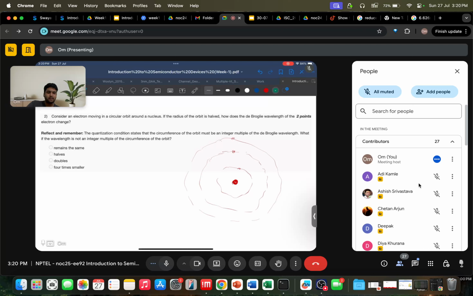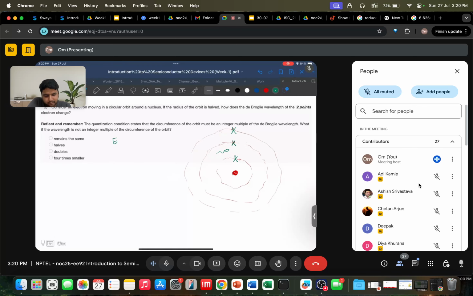It cannot exist somewhere in between. The energy levels occupied by electrons orbiting around the nucleus are quantized.